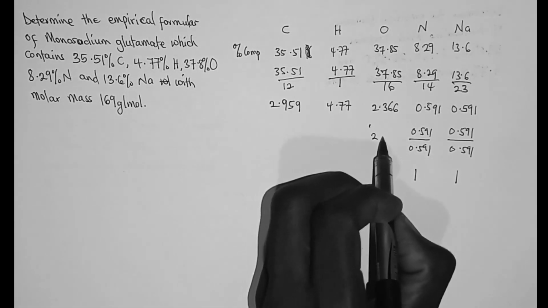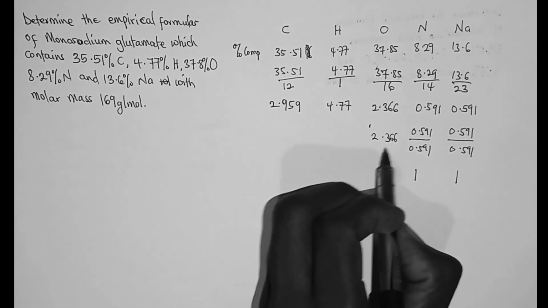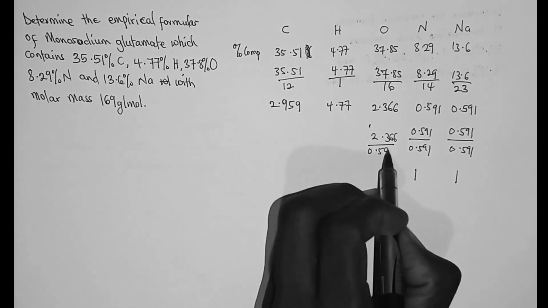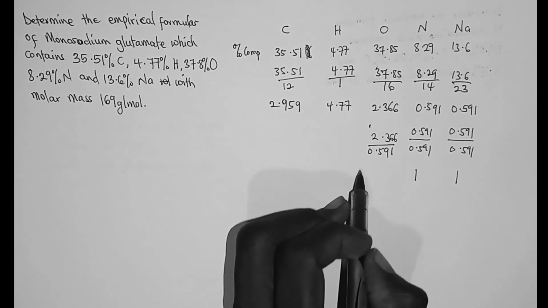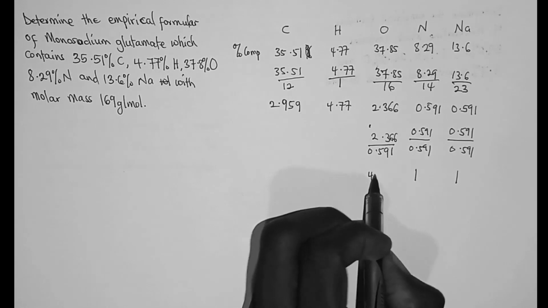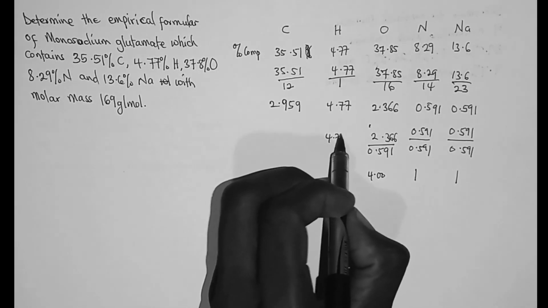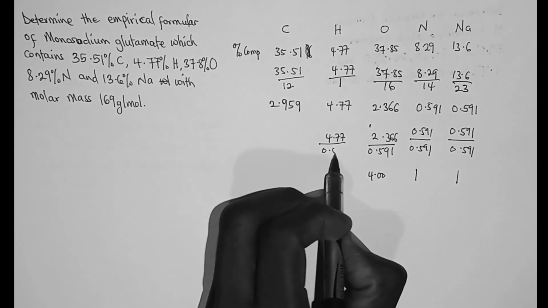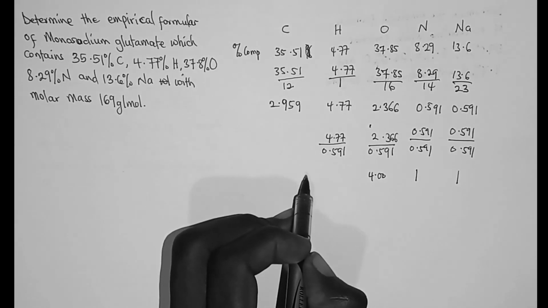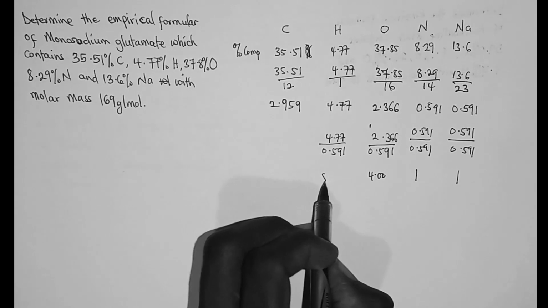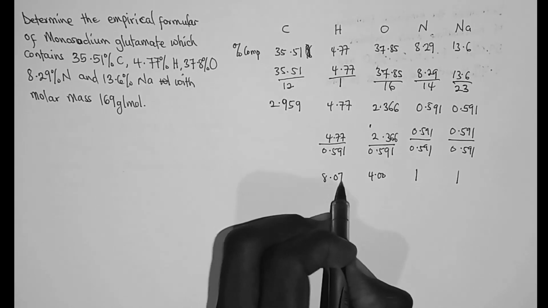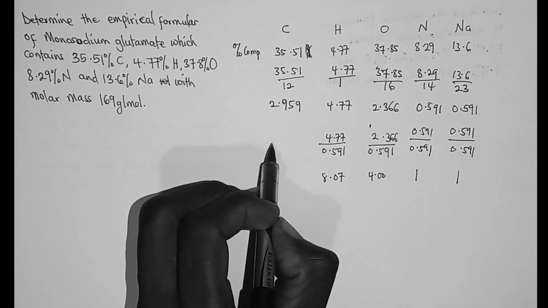Then here is 2.366 divided by 0.591, and that is equal to 4.00. And here is 4.77 divided by 0.591, and that is equal to 8.07.